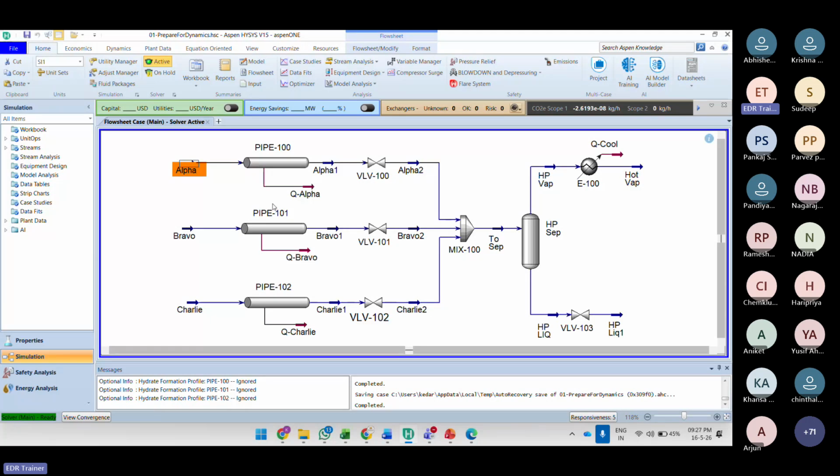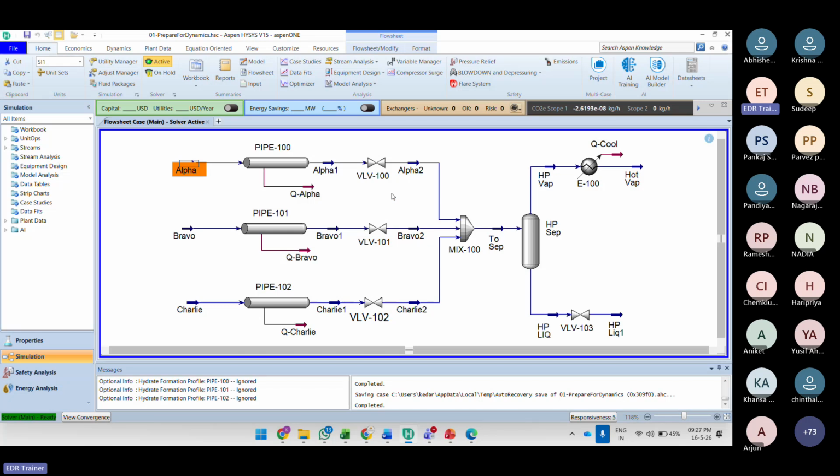You can remove some of the operations not required from your steady state simulation, or add unit operations relevant to your dynamic simulation. So let us do the sizing.